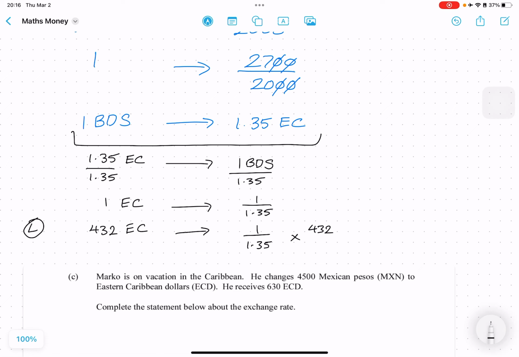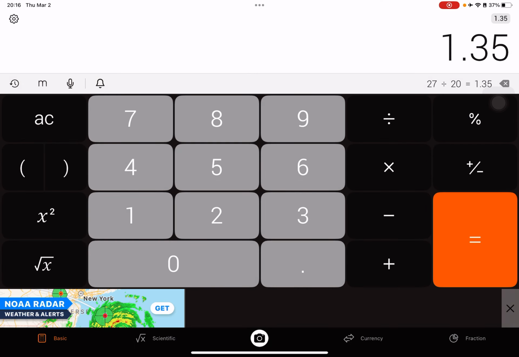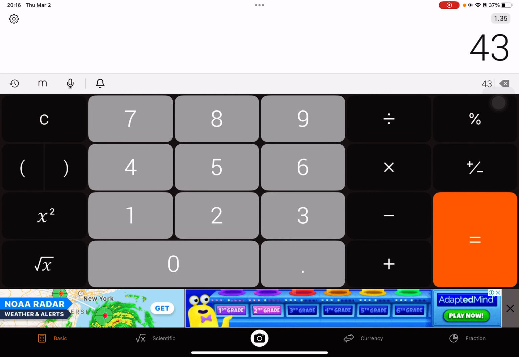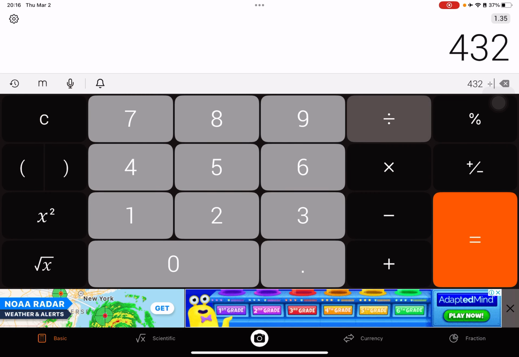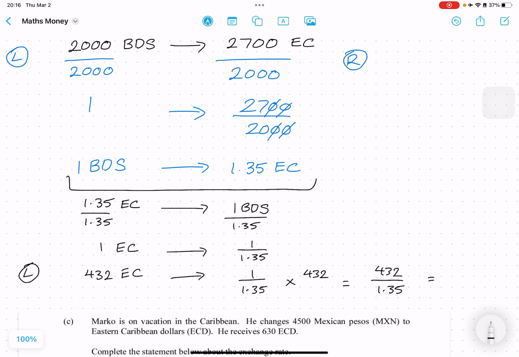And that simply becomes 432 over $1.35 essentially. And my final answer in my little calculator over here, 432 divided by 1.35 is $320 BDS.